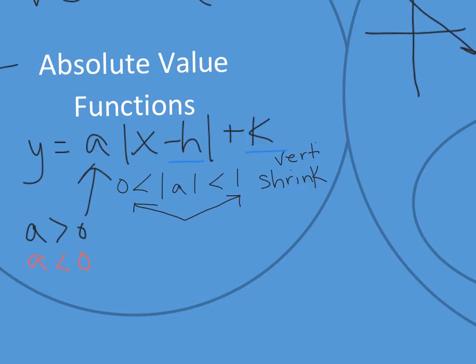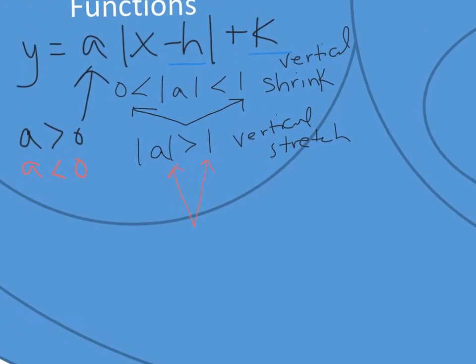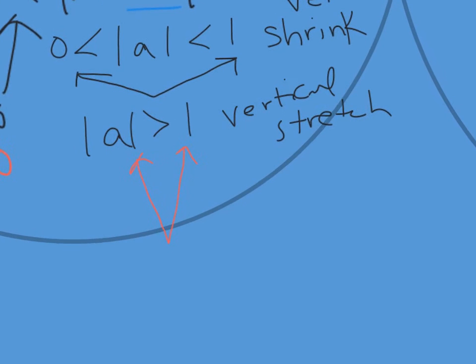But we also talked about if the absolute value of a was greater than 1, it was going to be a vertical stretch. It's getting narrower. So this would be like a slope of 3, whereas this one would be a slope of 1/3. This one is rising more as x goes over 1.